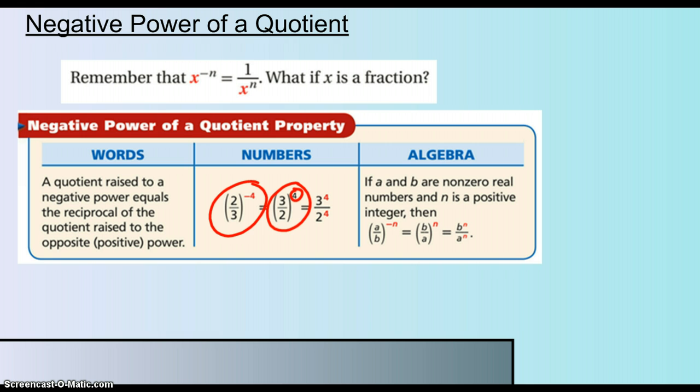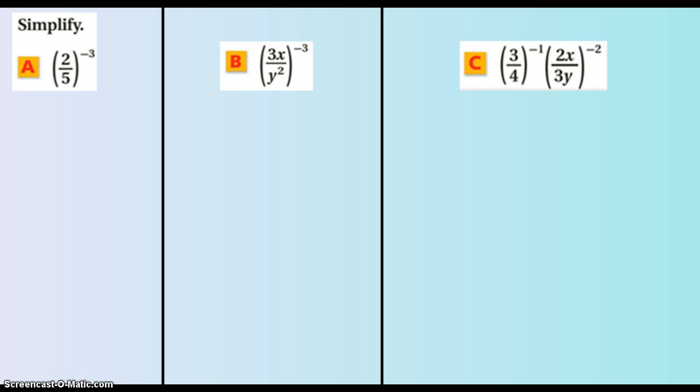And the reason for that is because if we distributed this, negative 4 times 1 would be 2 to the negative 4th, and negative 4 times 1 is negative 4, and then both of these are going to switch anyway because they're not happy where they are, and you get 3 to the 4th over 2 to the 4th. So if it's a negative exponent on the outside of a fraction, you can flip the whole thing and it'll become positive. So just a couple quick examples here.